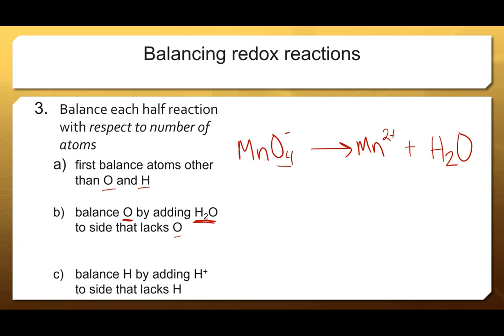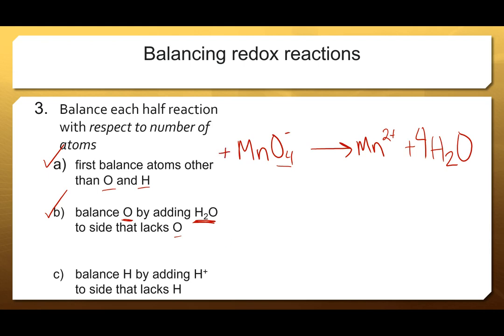Nope. How many molecules of water will we need? If we have 4 oxygens on this side, we're going to need 4 oxygens on the other side as well. So we'll need 4 molecules of water. So we balanced manganese, we balanced our oxygen. Now we need to balance our hydrogen by adding H+ to the side that lacks hydrogen.